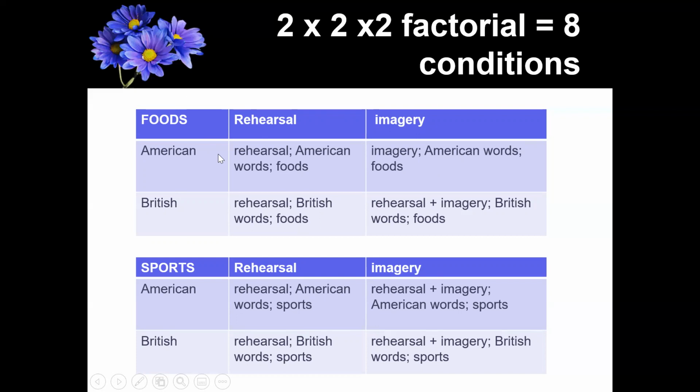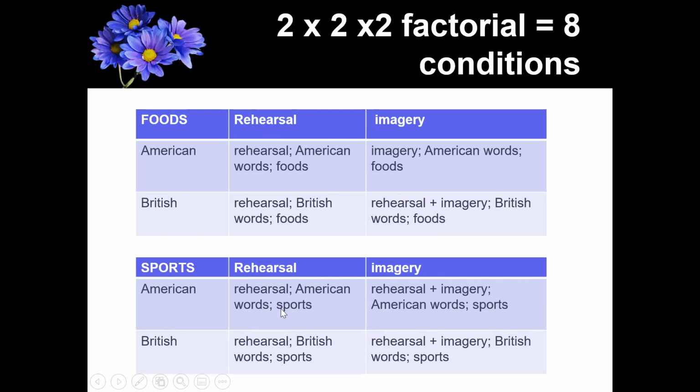Other than that, it's really just the same as if it's two independent variables. So here we're going to have rehearsal, and then British words, and still sticking with foods. We have imagery for British words and for foods. Just ignore that rehearsal word. Those are 4 of our conditions. And then we're just going to do the same thing for sports, right?